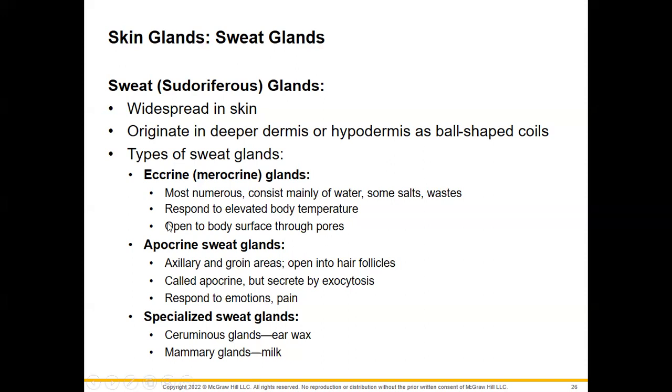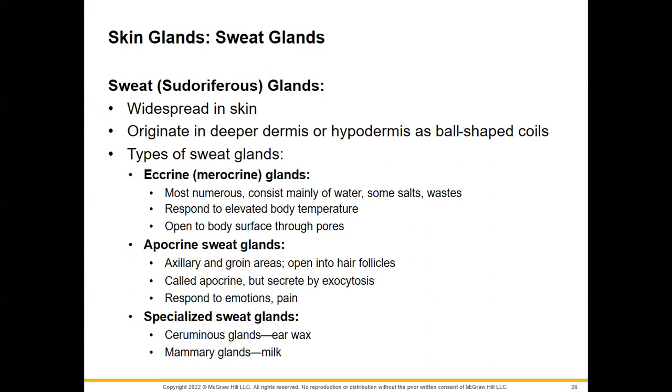You notice that eccrine glands open directly through pores, so not through hair follicles. Eccrine open directly to the surface through pores, whereas apocrine glands will go to the surface through hair follicles, the openings that hair follicles go through.